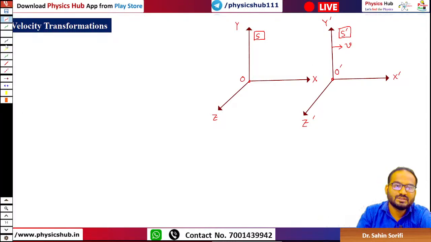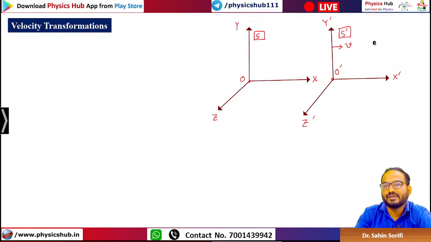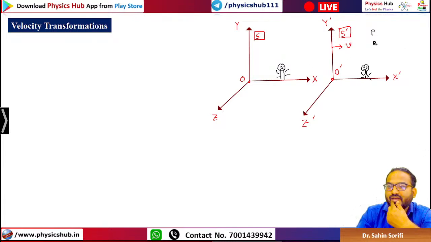We are observing a point P. So we have already discussed how its coordinates are changing with respect to different observers in different frames. Now let's say P is moving with respect to S frame and S prime frame both.